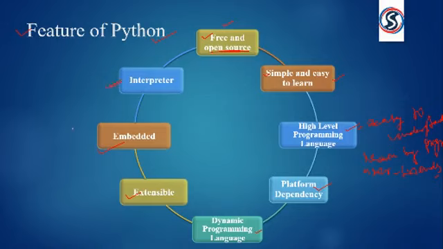Python is an interpreted language. Whatever code we write in Python, first that Python program is converted into bytecode, and then it is executed by the Python virtual machine.